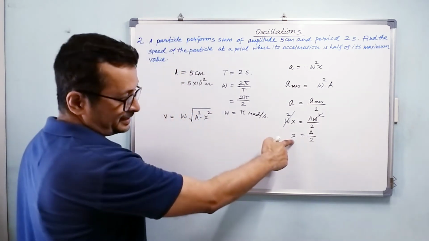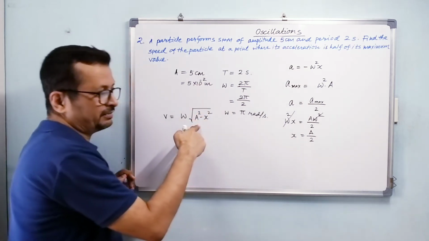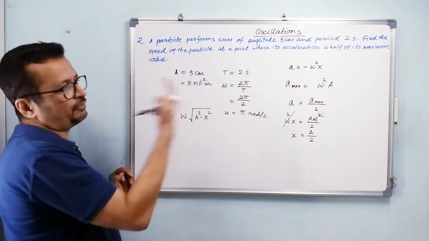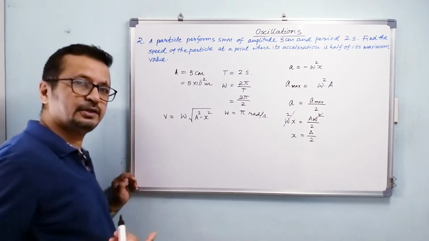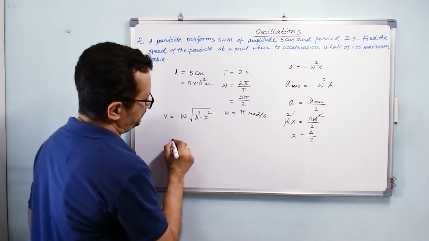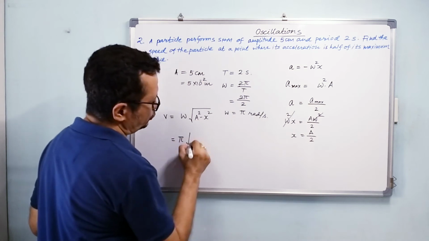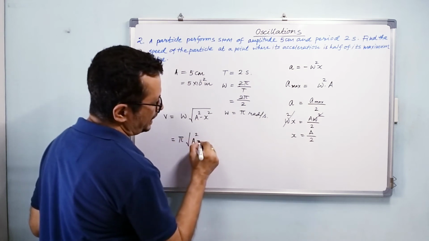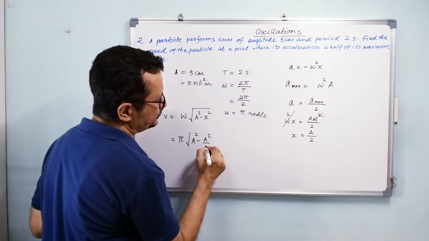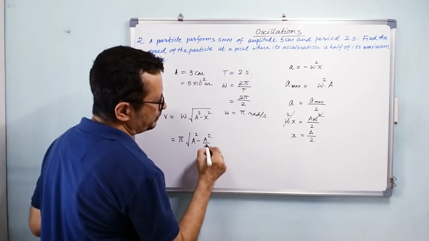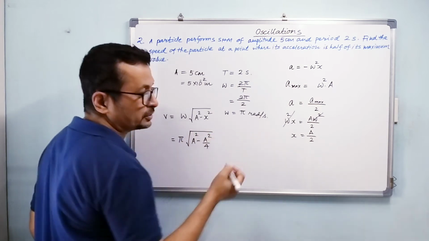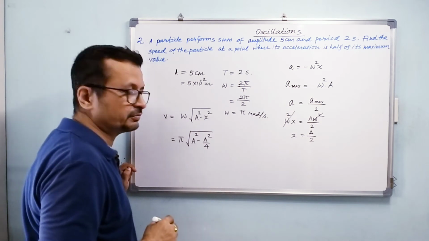I have x here, I have a given there, and we have omega. So we can find out the velocity. So it would be pi root over a square minus a square by 4, because a by 2 square would be a square by 4.